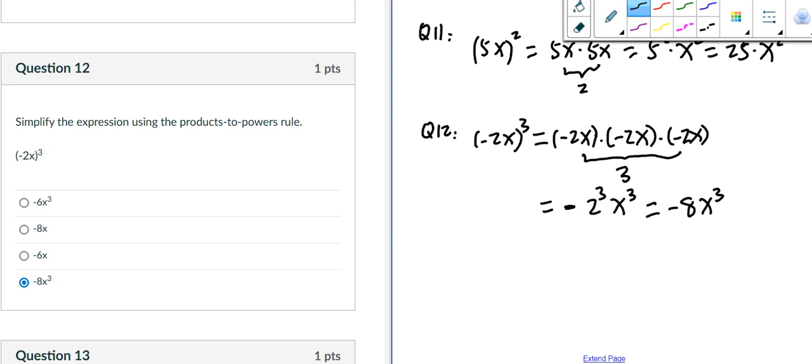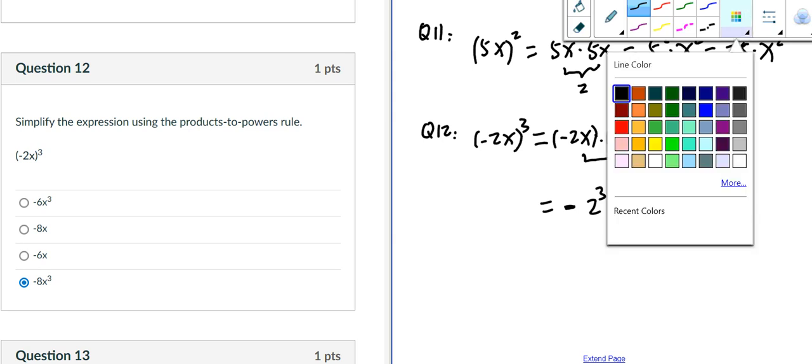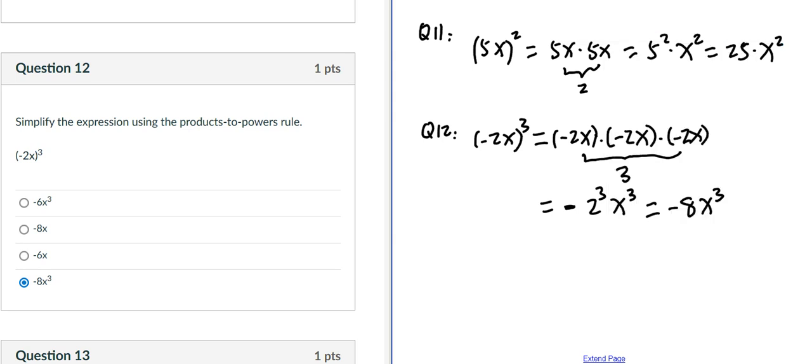Here again, you can see that when we have this 2 and 3 on the exponent, it is indeed going to 2 places, here and here. Every number inside gets the exponent.